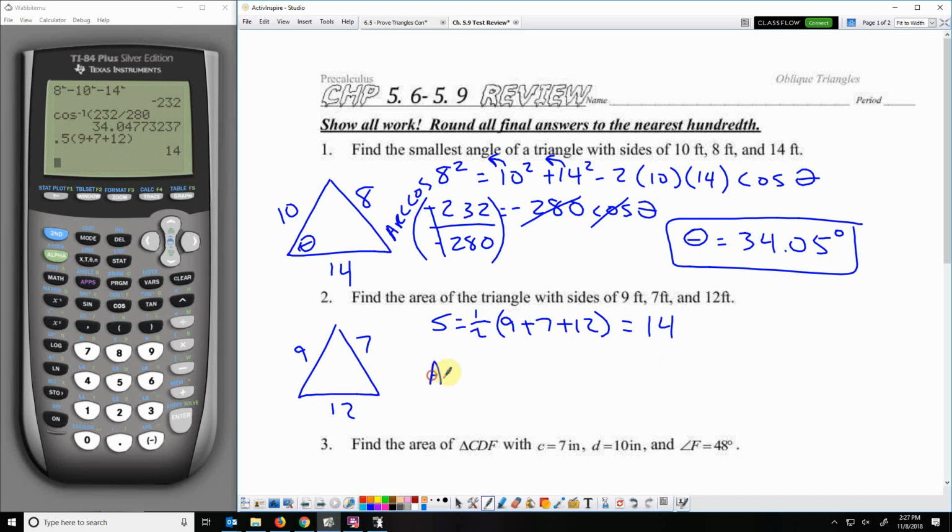Okay, so the area of this triangle is the square root of s, which is 14, times s minus one side. I should put 14, not s, times 14 minus 7, times 14 minus 12.